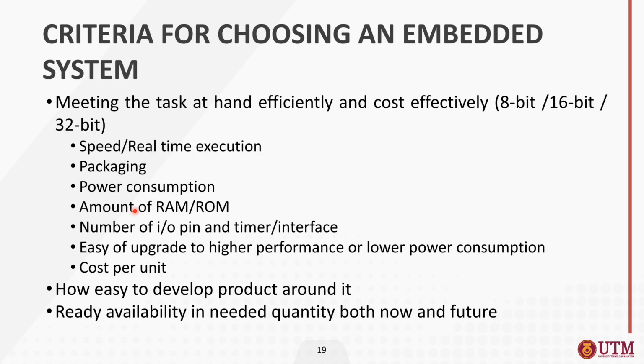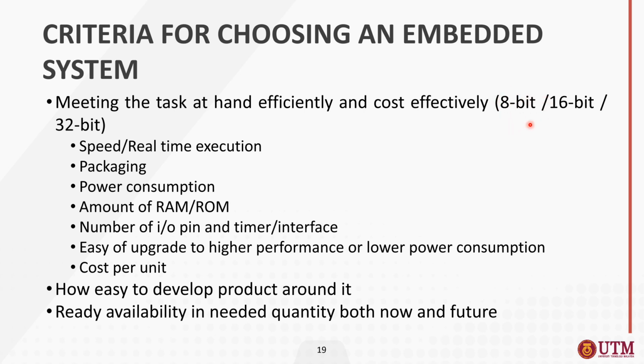So how do you choose an embedded system which is suitable for your application? It should meet the task at hand efficiently and cost effectively. If your system doesn't require a very powerful application, for example, it just needs to read data from sensors and move motors, you can just use an 8-bit controller or 8-bit microprocessor.